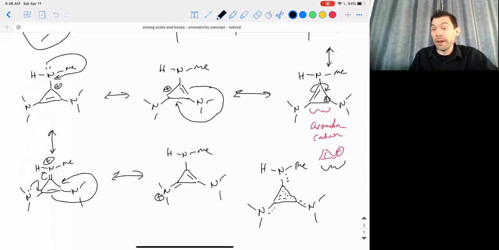So overall, that gives this cation a lot of place to put the charge, and it's also not as unstable as it normally would be because of the driving force of aromaticity. And so all in all, that helps explain why this organic molecule is a super good base, much better than it should be based on the pKa of a mere amine.